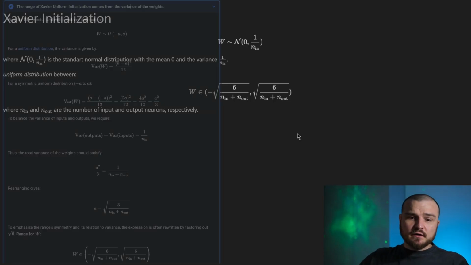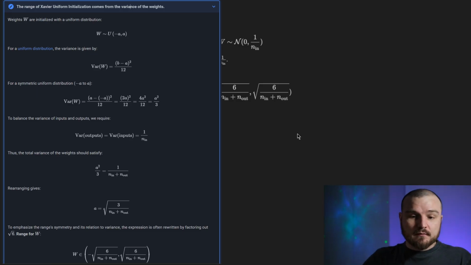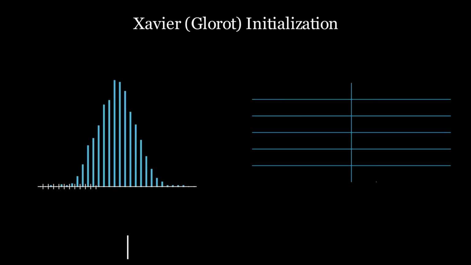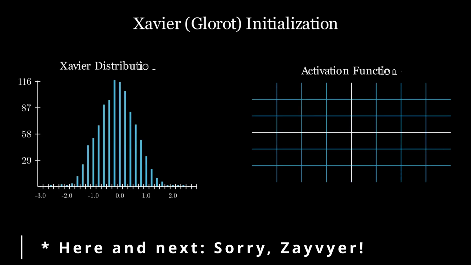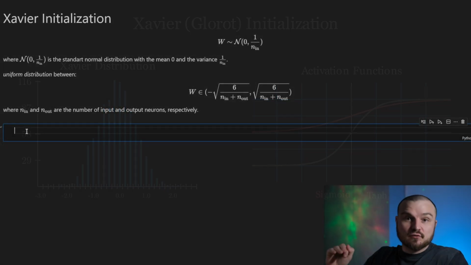If you want to know more details about where the range of Xavier uniform initialization comes from, you can check my blog, links under the video. Xavier initialization works particularly well with sigmoid and tanh activation functions because it helps to prevent saturation.